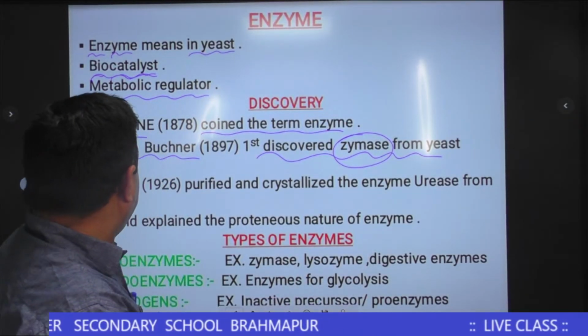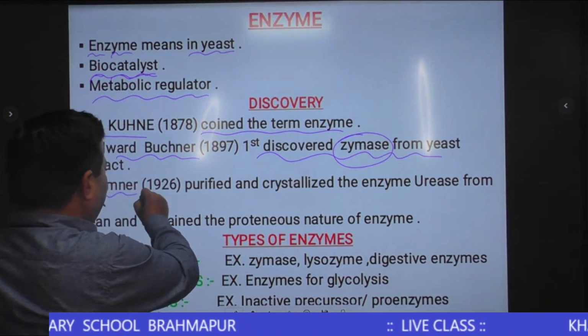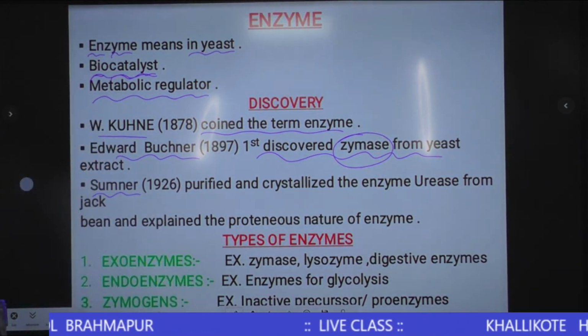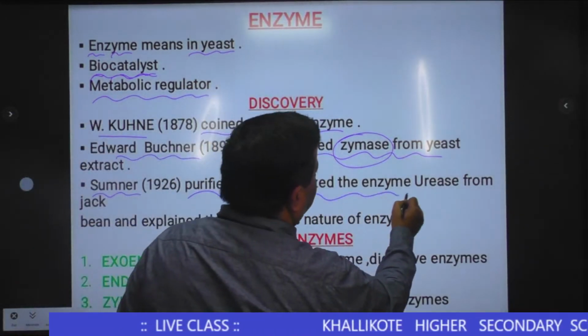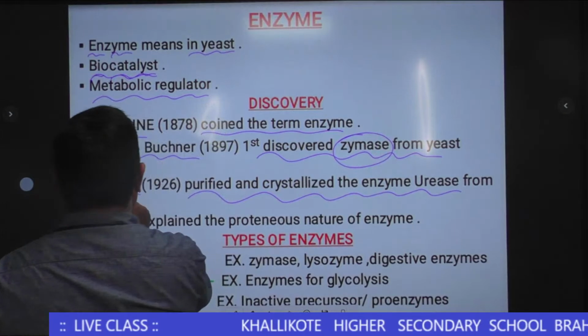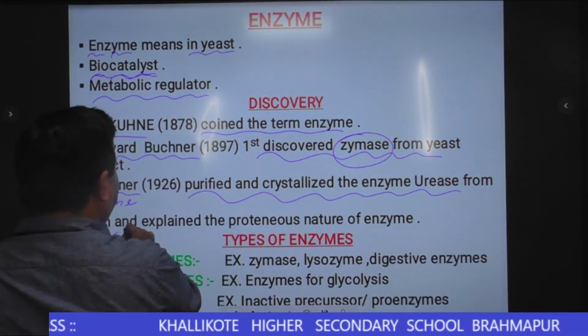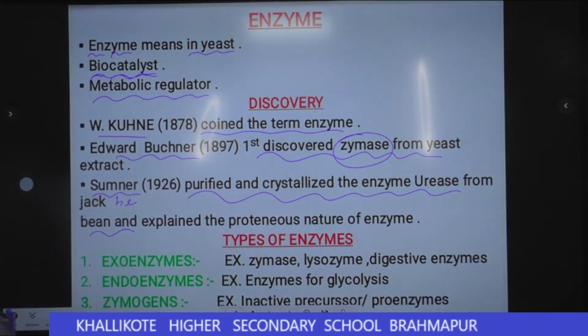Then another scientist, Sumner, in 1926 purified and crystallized the enzyme urease from jack bean and explained the proteinous nature of enzyme.